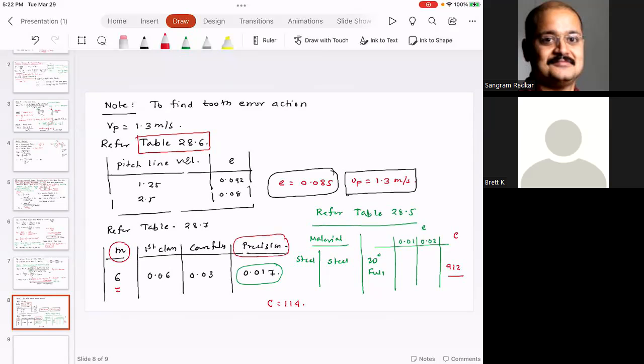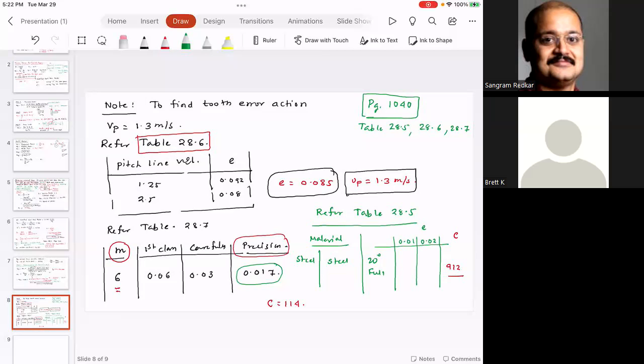So I want you to go to page 1040. And there are 3 tables. One is table 28.5, then table 28.6, and then there is table 28.7.